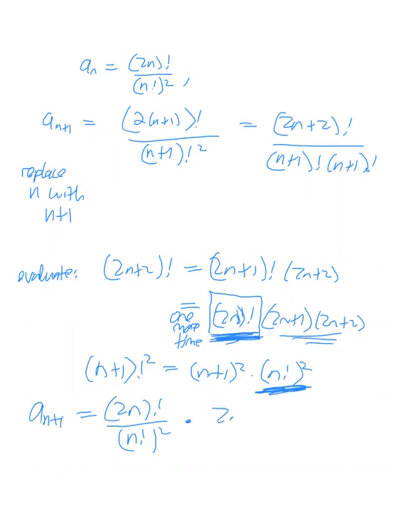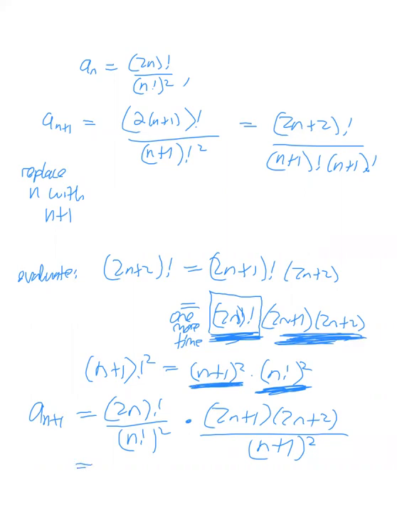The extra stuff is (2n plus 1) times (2n plus 2) divided by (n plus 1) squared, namely this term and this term. So this is actually a_n. This is a_n, and then extra stuff. The extra stuff is (2n plus 1) times (2n plus 2) over (n plus 1) squared.